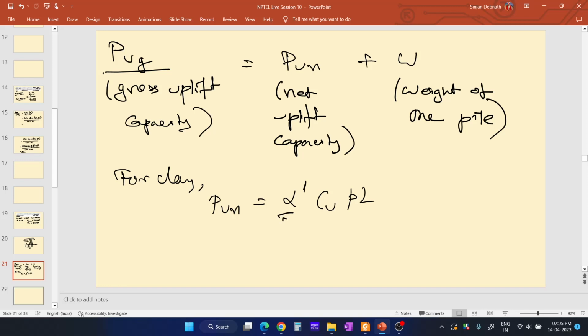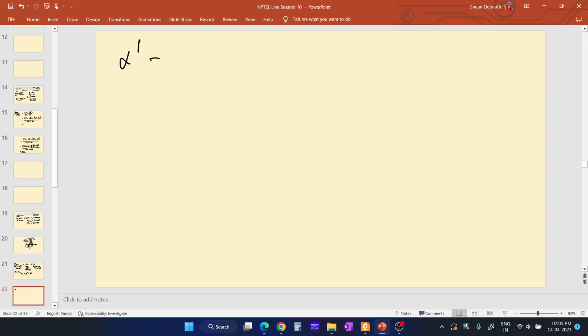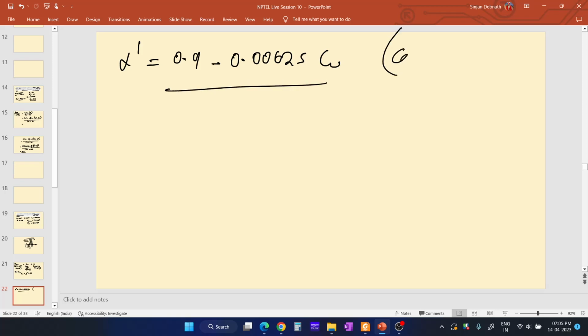This alpha dash, for clay only, is equal to 0.9 minus 0.00625 Cu, where Cu is the cohesion, and this is applicable for cast in situ pile when Cu is less than or equal to 80 kPa.